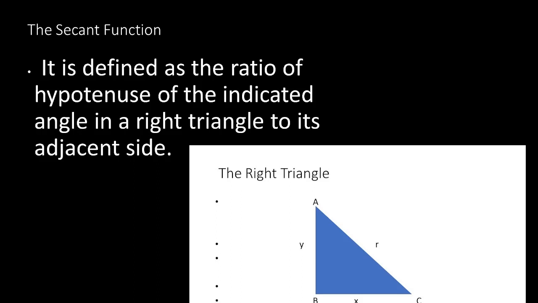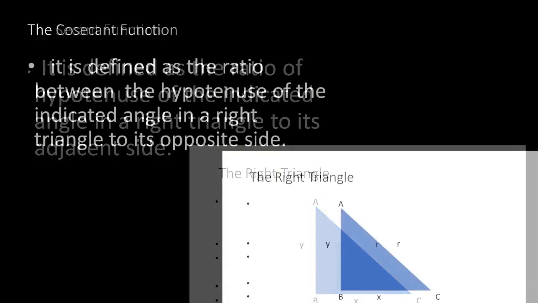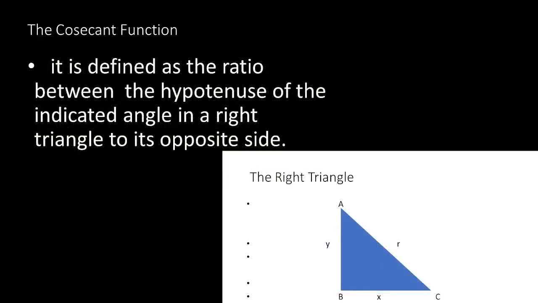And the last one, we have the cosecant function. The cosecant function is defined as the ratio between the hypotenuse of the indicated angle in a right triangle to its opposite side. So that is hypotenuse divided by opposite.